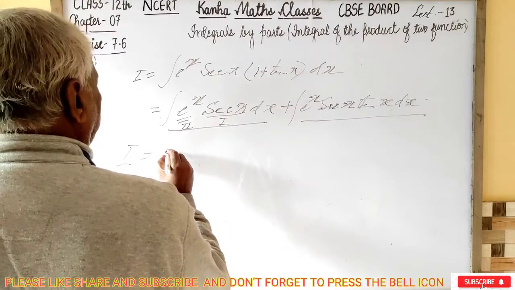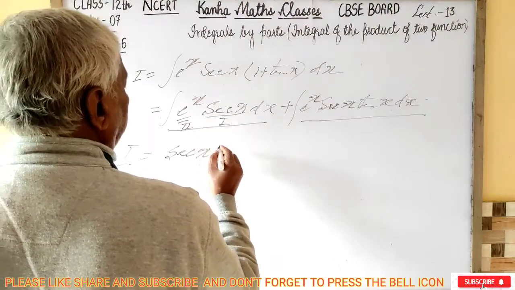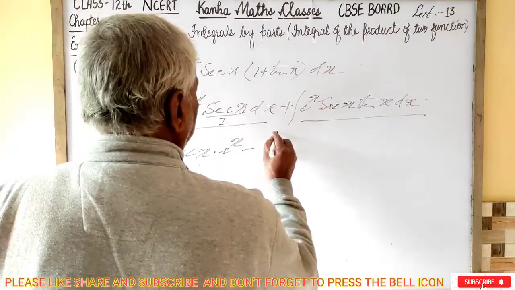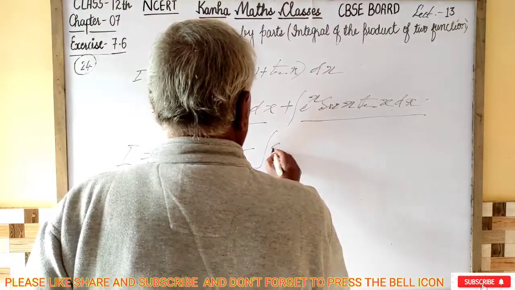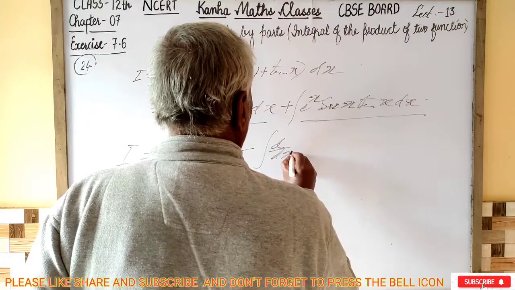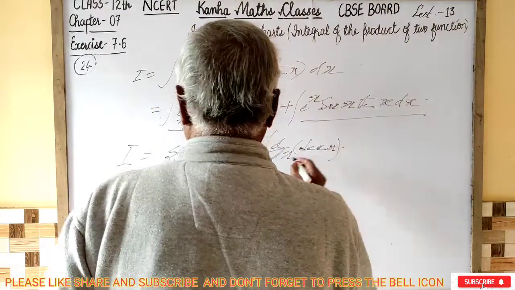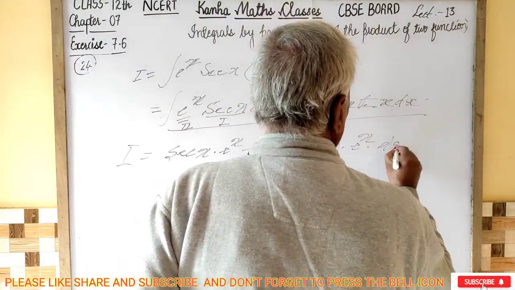Now first function sec x, integral of second function, that is e to the power x, will be equal to e to the power x minus integral of differential of first function, that is d dx of sec x, into integral of second, that is e to the power x dx.